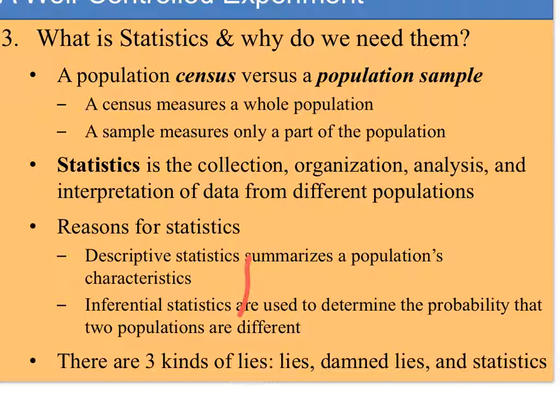It's going to be, hopefully, somewhere close to what the actual population shows, but you can't always measure the whole population, right? Like in a census. So people use statistics or numbers to lie to you all the time.